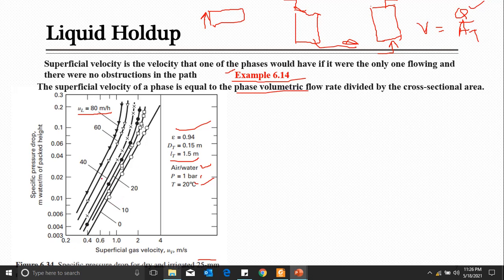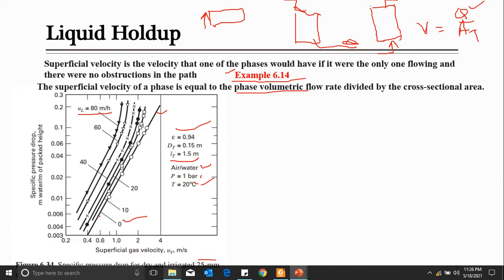So when you see different lines, it means that for each of these lines the liquid velocity is different. For example, this initial totally straight line, where you can see the number 0, is for when there is no liquid, so the liquid velocity is 0 meter per hour.